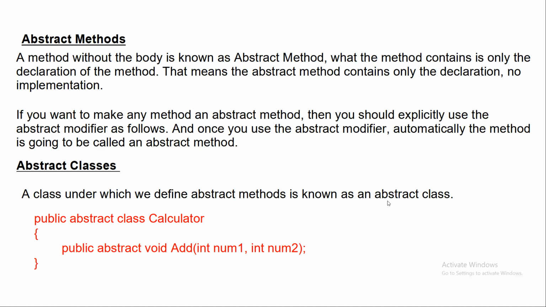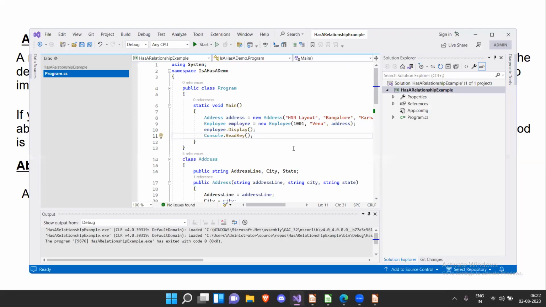So now abstract methods. We have been discussing abstract methods, right? Abstract method means what? It only contains the method declaration. You don't have any function body, or you can say you don't have the implementation. Take the same example.